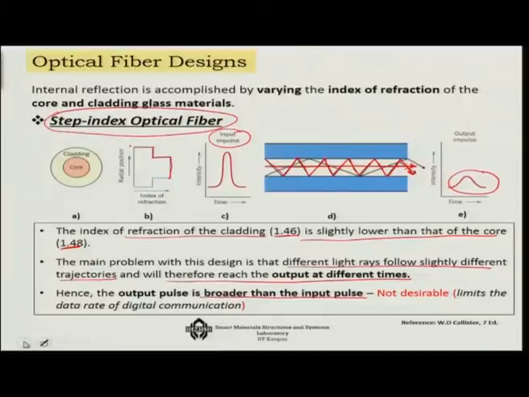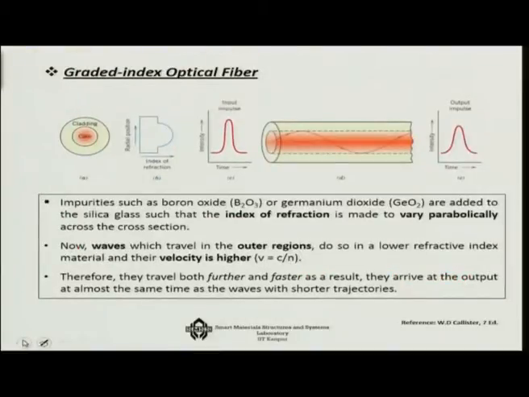So today a slightly more complex design of optical fiber has come up, in which this variation is not a step but rather a parabolic variation, and this is done with the help of impurities such as boron oxide or germanium dioxide, which are added to the silica glass, such that the index of refraction is made to vary parabolically across the cross section.